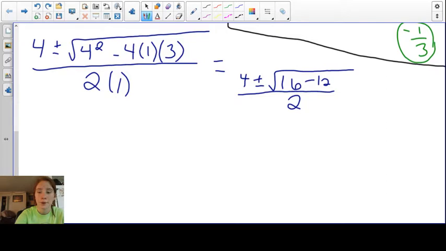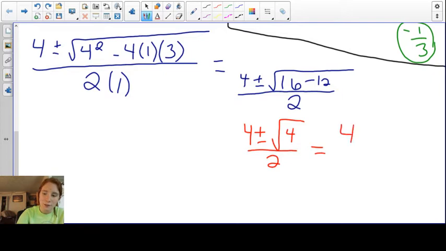Okay. So then I have 4 plus or minus the square root of 16 minus 12 gives me 4, over 2. Oh, that really didn't turn into a 2, did it? Square root of 4 is 2. So 4 plus or minus 2 divided by 2.